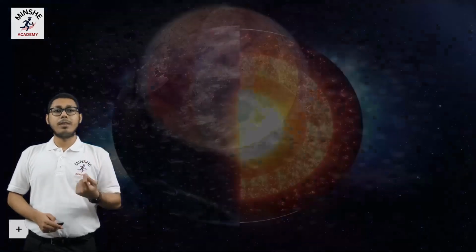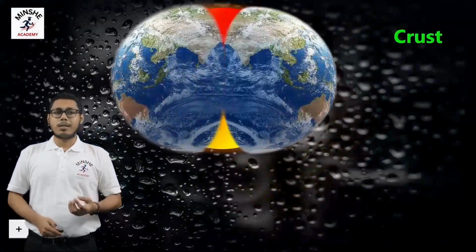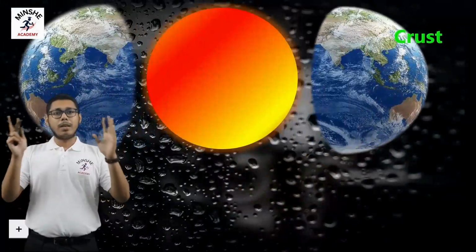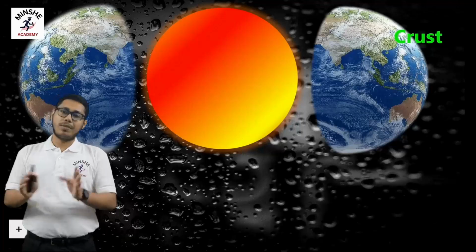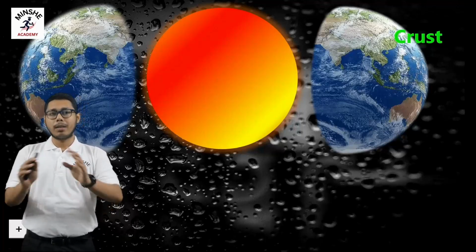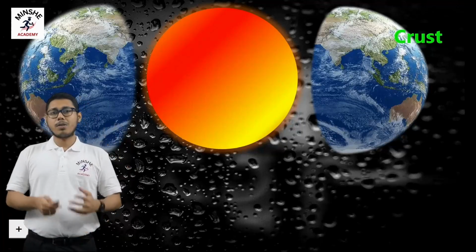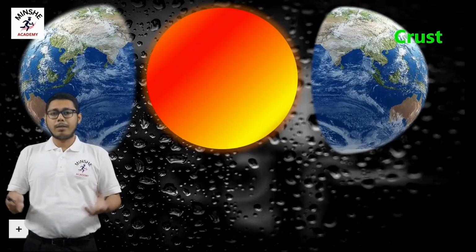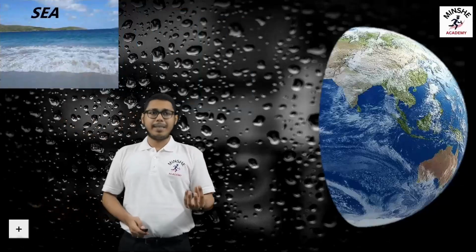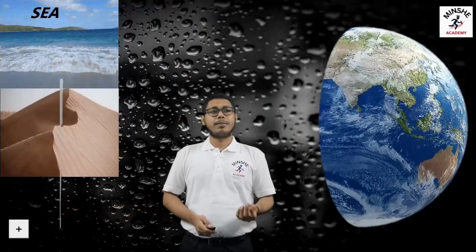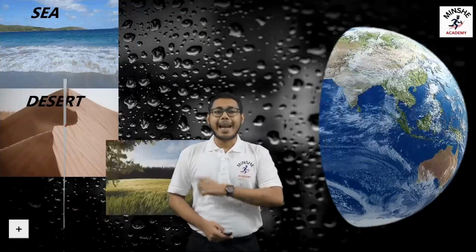So let's start with the crust. The crust is basically, physically, what we call the lithosphere. It is the outer surface of the Earth. Chemically we call it the crust, the outer surface of the Earth structure. This is the area where we see sea, deserts, and land.